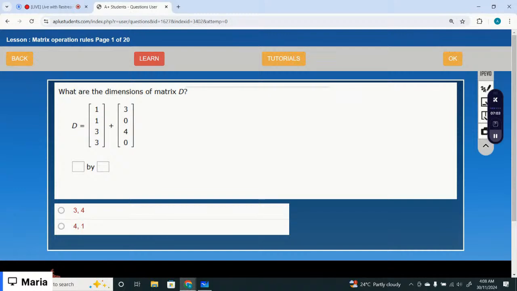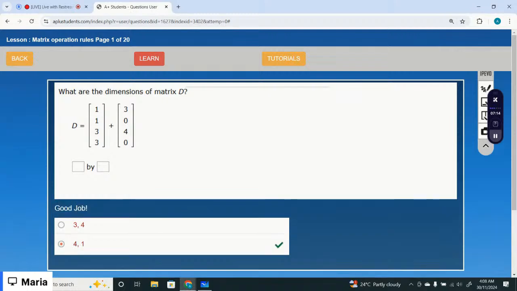What is the dimensions of matrix C? Dimensions of matrix D is the same as both the matrices, that is 4 by 1. It has 4 rows and 1 column. Option number 2 is the correct option.